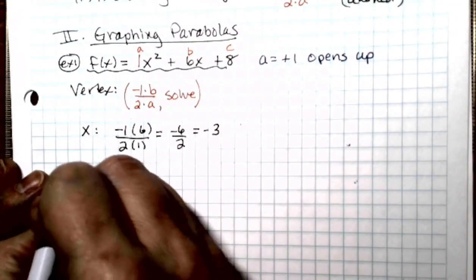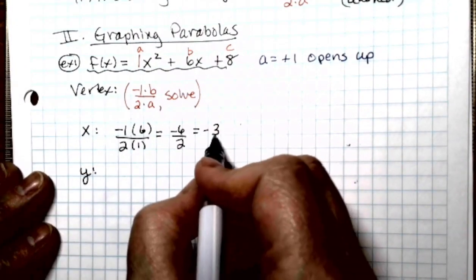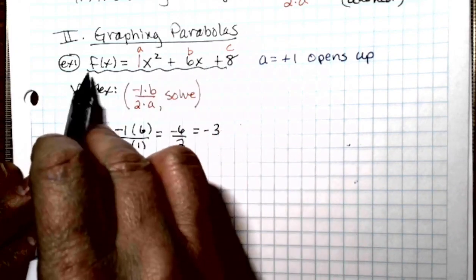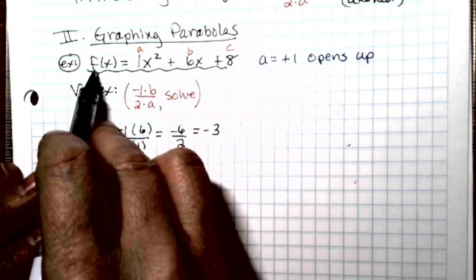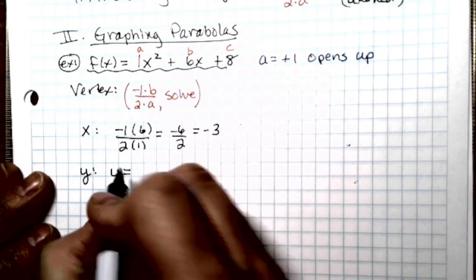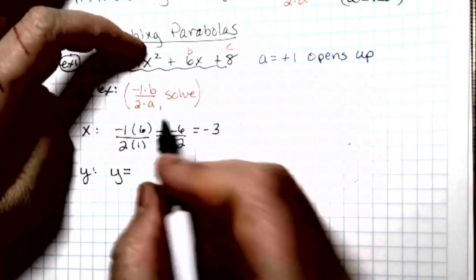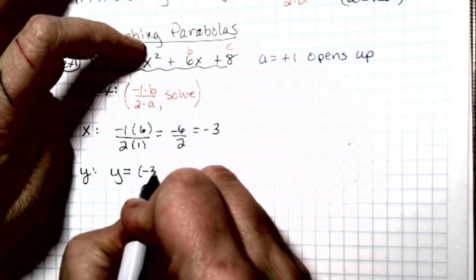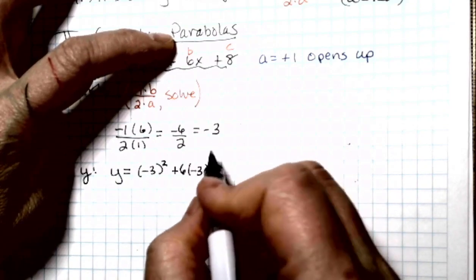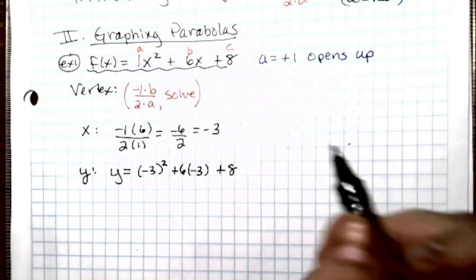Now, to get the y coordinate of the vertex, we take the -3, we substitute it into the equation. Now, if you remember, f of x is function notation, but the f of x itself just represents y. So y equals, now we're going to sub the -3 in, -3 squared plus 6 times -3 plus 8.